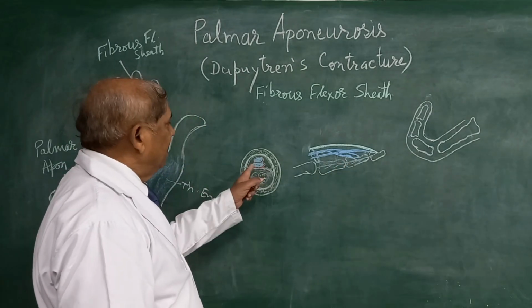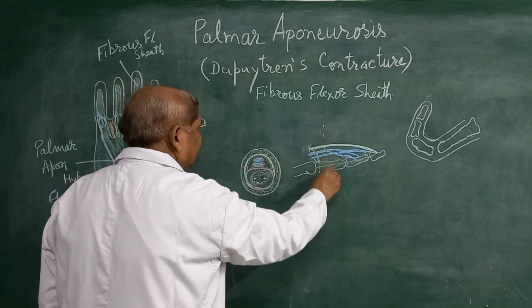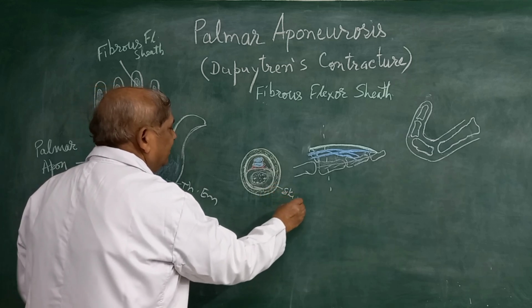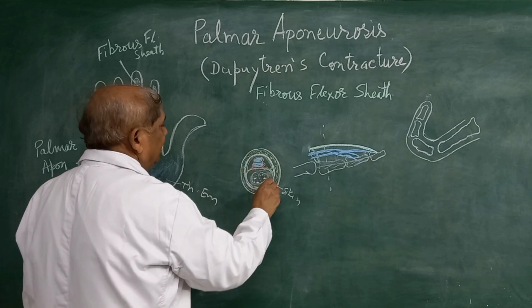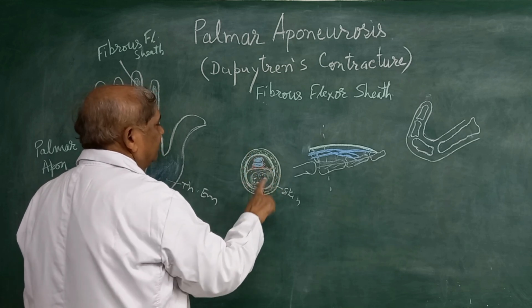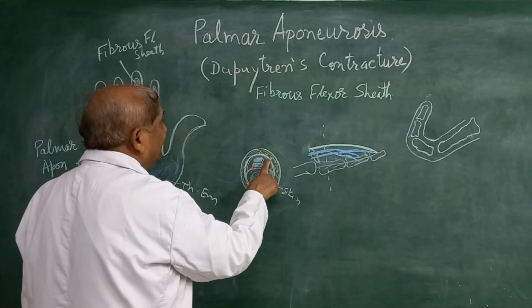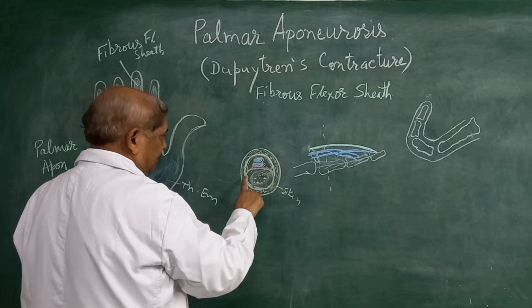Now if you cut a section of the proximal phalanx here, you will see the skin, the superficial fascia, the bone which is the first phalanx, and then the fibrous flexor sheath.